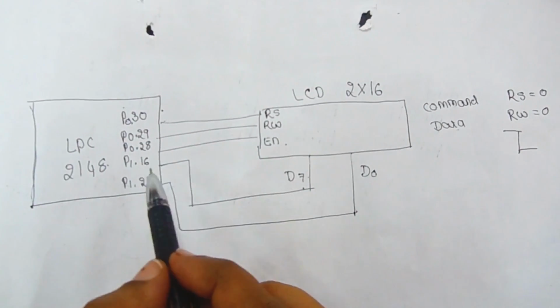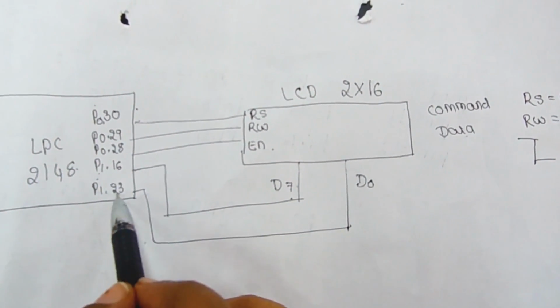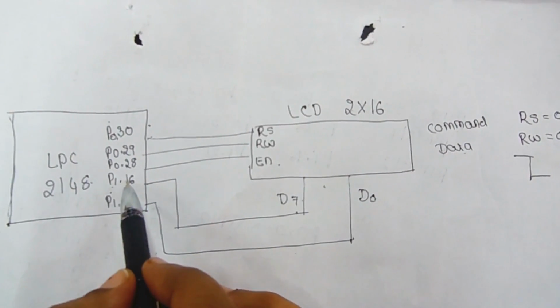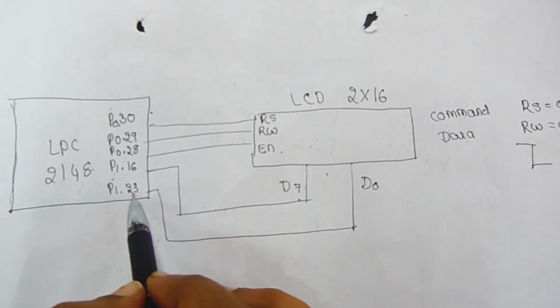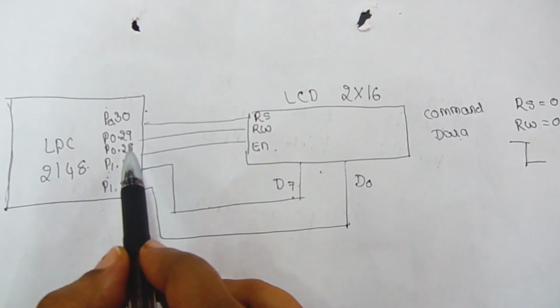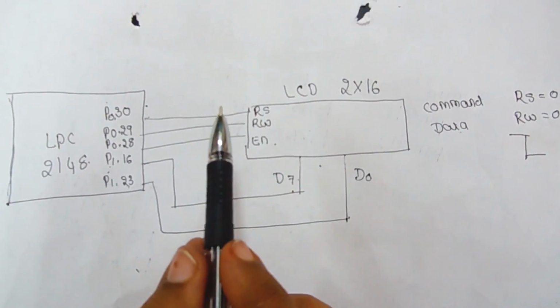If you remember the diagram that we just learned, in the diagram port 1 pin 16 to port 1 pin 23 we are using for data lines. So port 1 pin number 16 to 23 come under pin select 2. Port 0 pin number 16 to pin number 31 come under pin select 1.